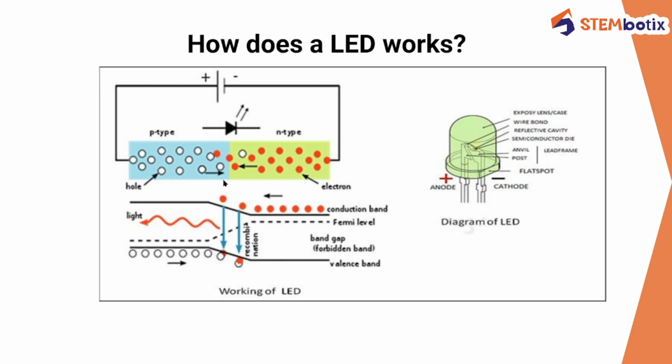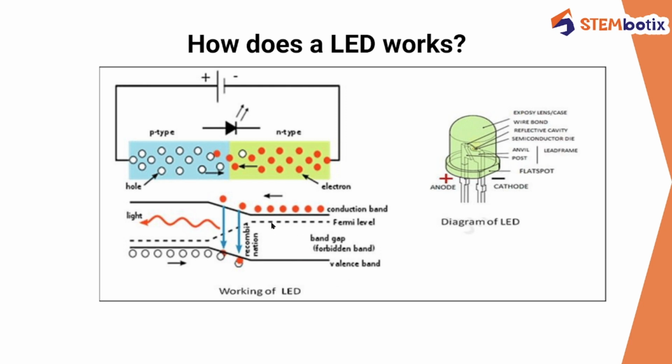This recombination at the junction produces light, which is nothing but electroluminescence.